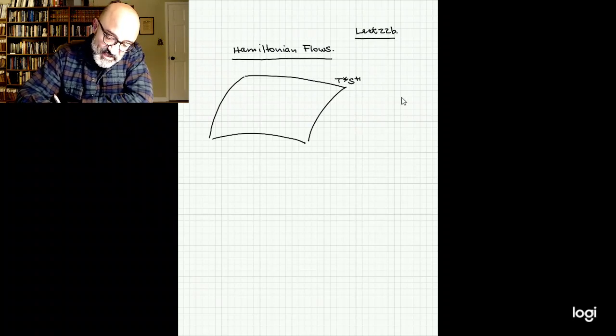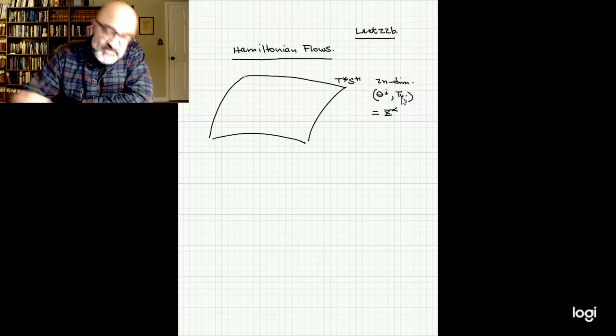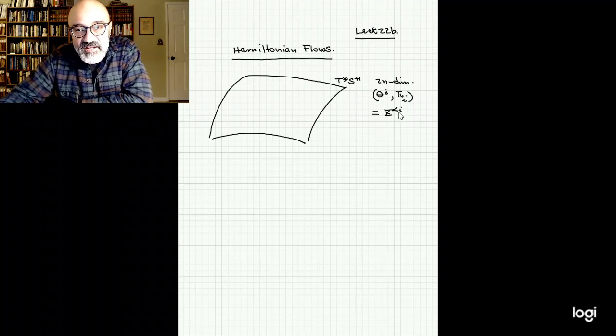So this guy is 2n dimensional. The coordinates are going to be n thetas and n pi's, and we write this in a simpler form by writing it with this complex index alpha I.